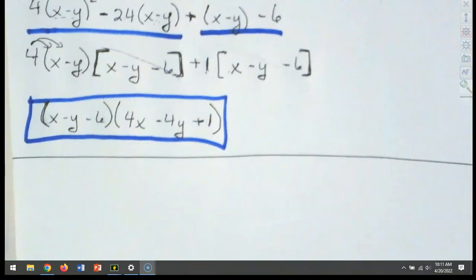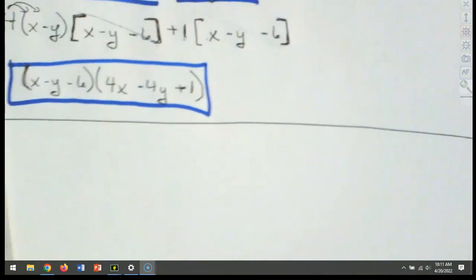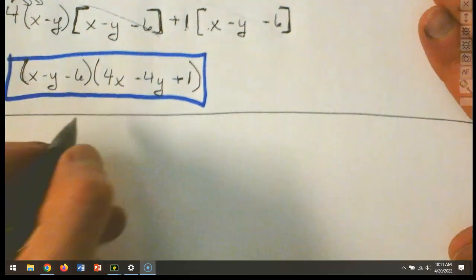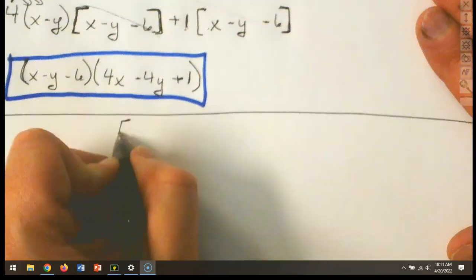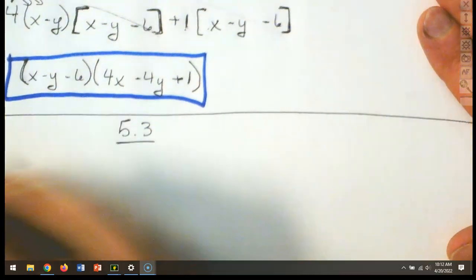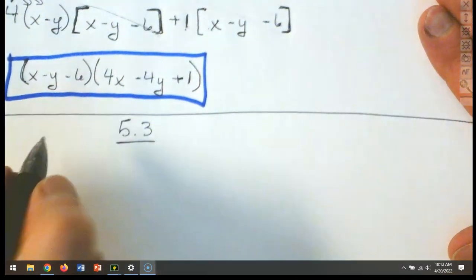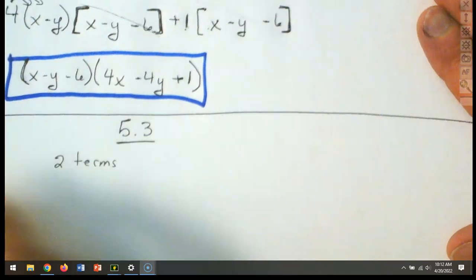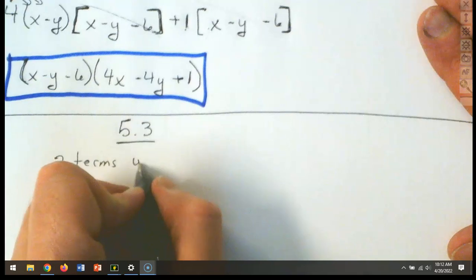Now we're going to move on to 5.3. And in 5.3, we're going to be looking at how to factor two terms. And when you have two terms, you're going to use a special formula.